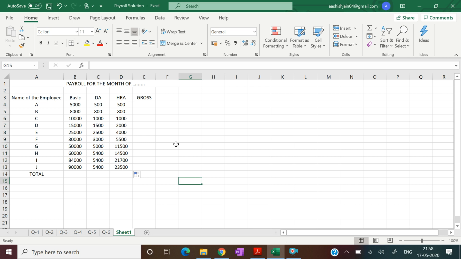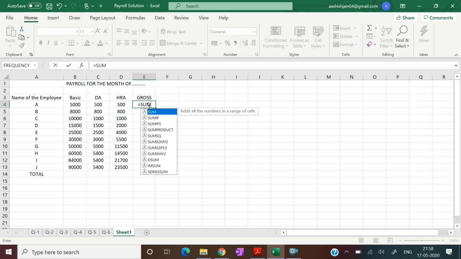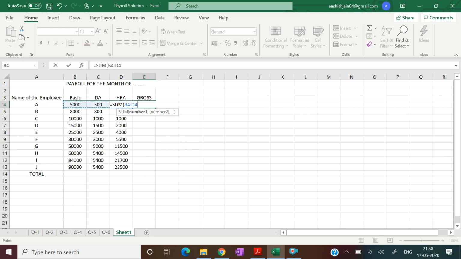Now come to gross, which is the simplest part. That is equal to, we will use the sum function, sum of basic, DA and HRA. Press enter and then drop down.